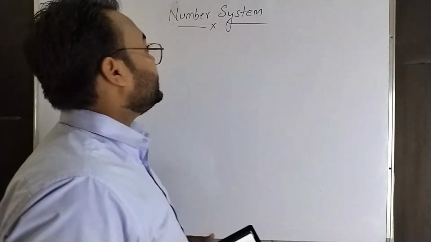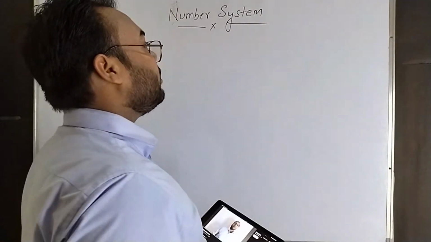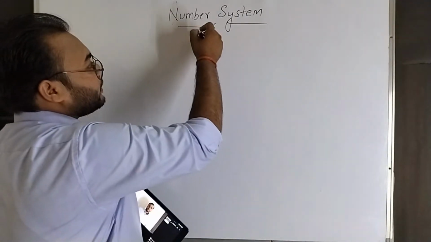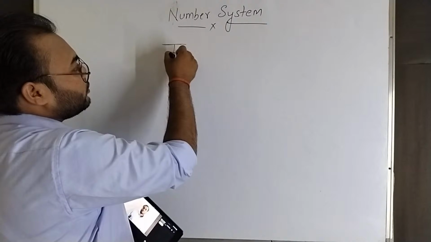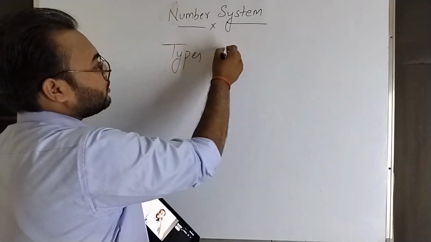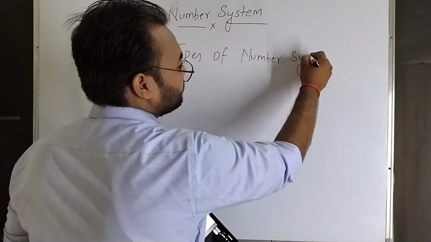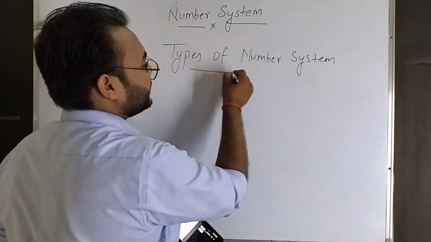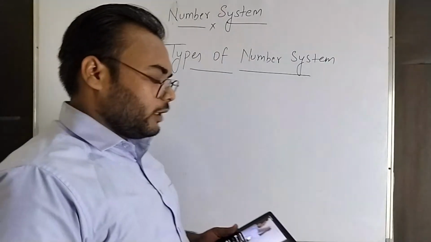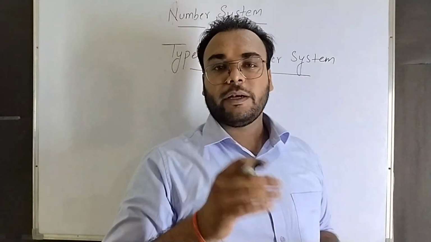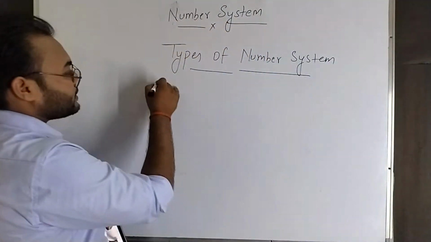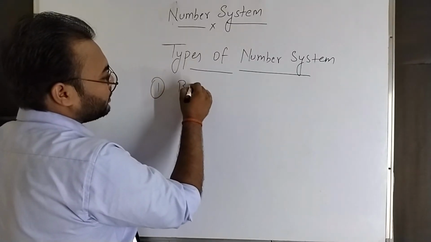Here we are going to see the number system, and today our main topic is the types of number system. As you already know, there are four types of number system.